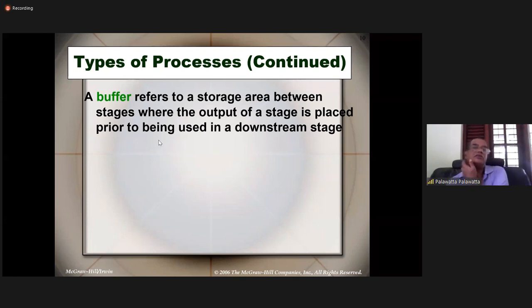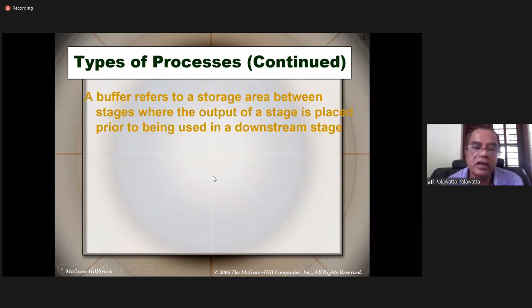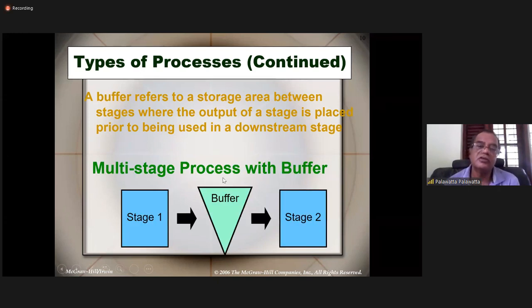The concept of buffer refers to a storage area between stages where output of a stage is placed prior to being used in a downstream stage. So you have, let's say, a two-stage processing with buffer.